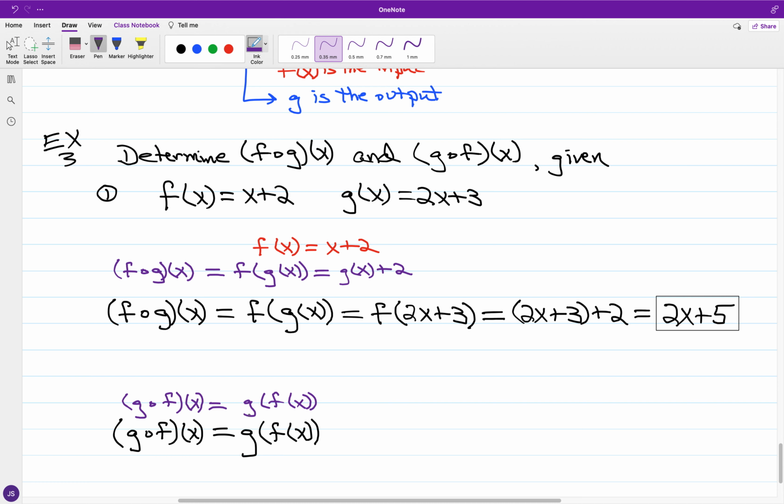Now again, the exterior function is g, and g of x is equal to 2x plus 3. So you've got your leading or exterior function as g, and you have 2 times the input plus 3, with the input as f of x. So conceptually, we got 2 times f of x plus 3. But now if I go ahead and identify the input f of x, again, f of x is going to be x plus 2.